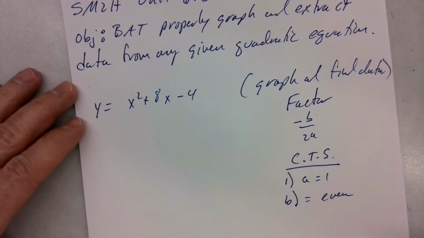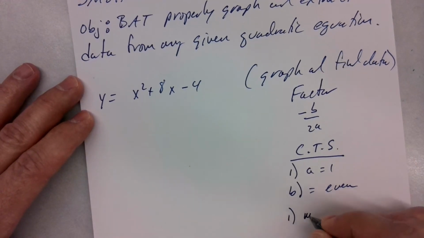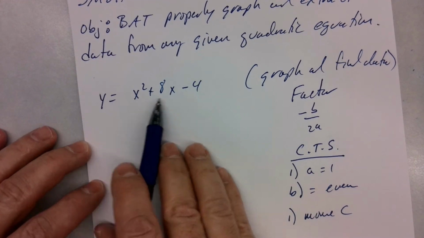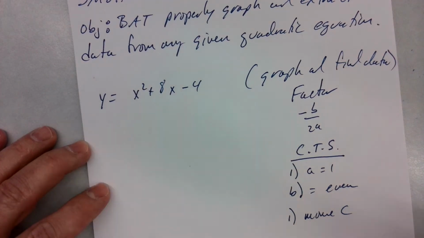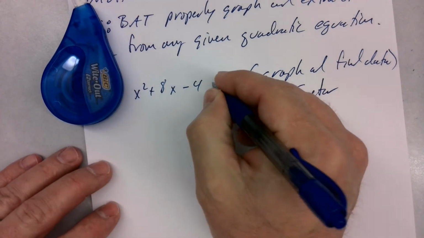Okay, now, this is what you're going to do. First thing you're going to do is move c. You're going to rewrite this and pretend that the y equals doesn't exist, and you're going to make this equal 0.